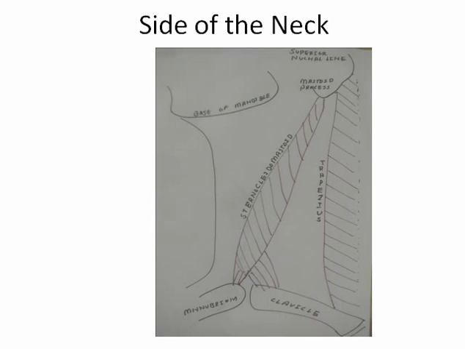So this is the quadrangular neck, and this quadrangular neck is divided by this muscle. This muscle is the sternocleidomastoid muscle. The sternocleidomastoid muscle divides the side of the neck into two parts. This will be the anterior triangle, and this will be the posterior triangle. These two triangles we are going to see later on.